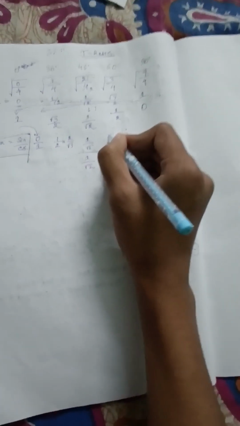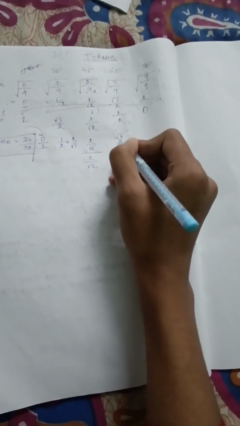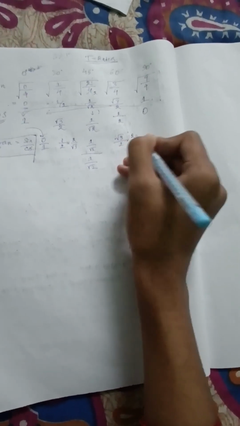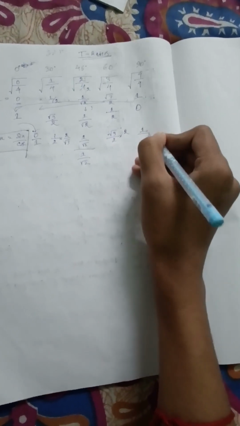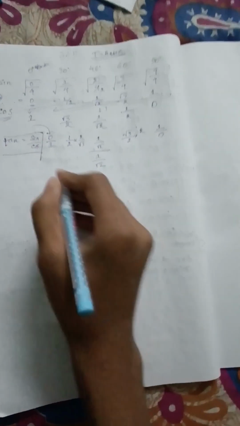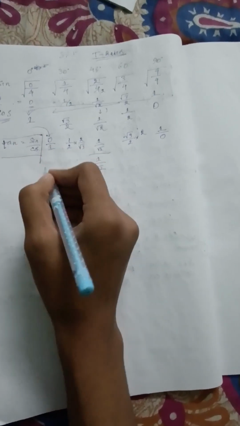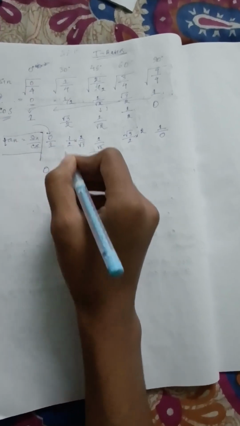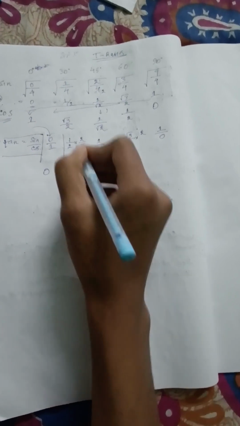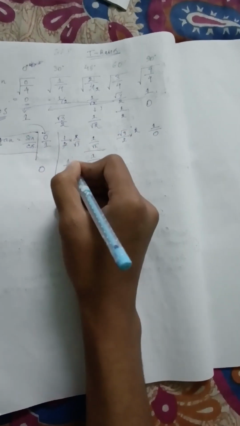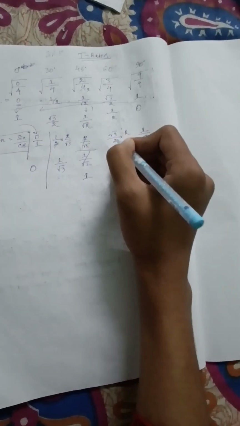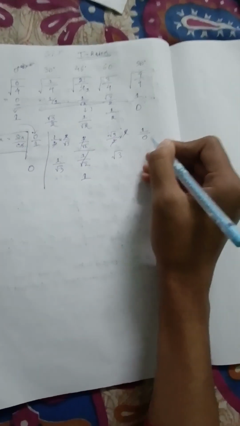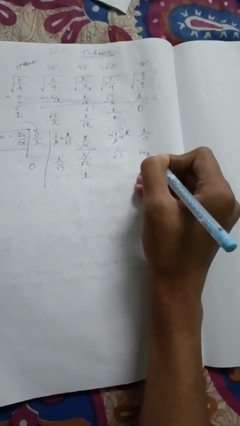Then we have to divide this also, root 3 by 2 divided by 1 by 2. Then it is 1 divided by 0. Now we have to calculate this. 0 by any real number is 0, therefore it will be 0. Then we have to cut, 1 by root 3, it is 1, it is root 3, and it is undefined.